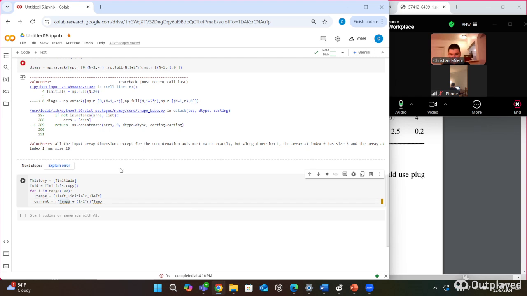Okay, and we want this to be our next value, so we need 2. And then t temps, and then the one in between, so -1 and 1.